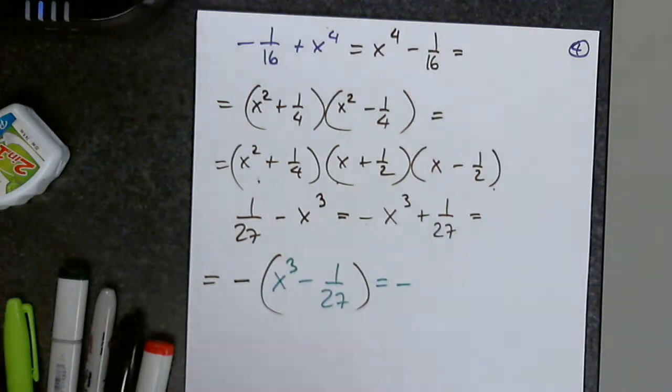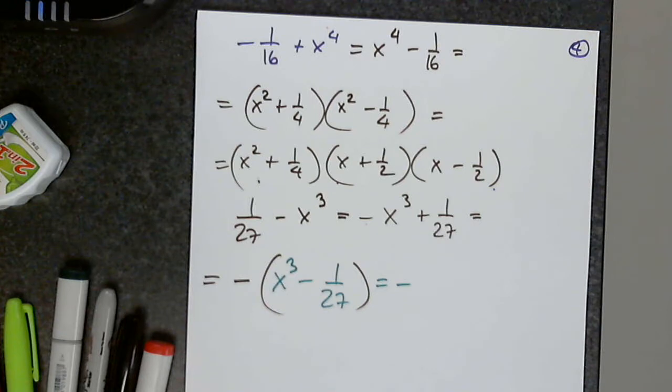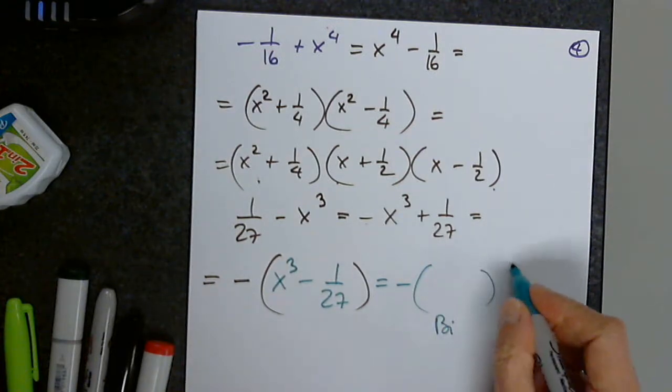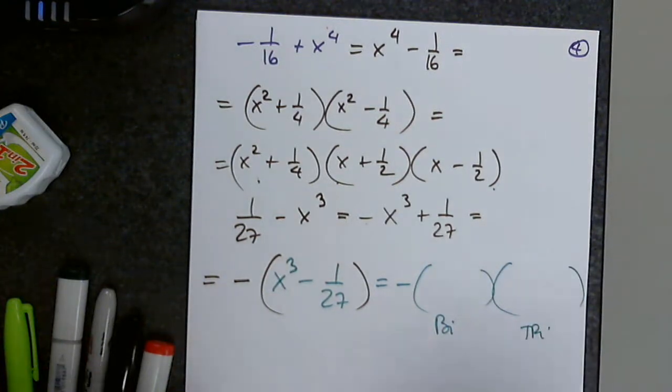Now I'm debating with myself. It's a difference of squares or the difference of cubes. If the degree is 3, the difference of squares has nothing to do with this. So it must be difference of cubes. In that case, I have to have a binomial and a trinomial.